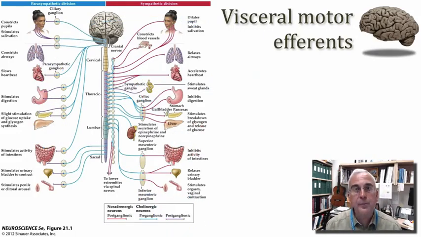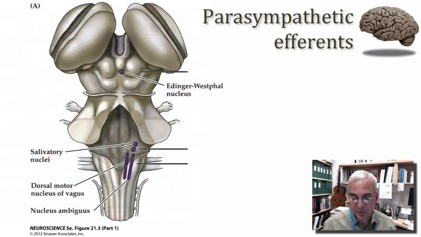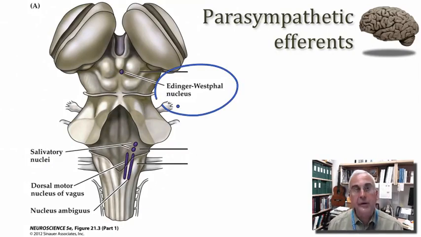Okay, well, let's now have a look at the anatomy of these preganglionic neurons of the parasympathetic division of the visceral motor system. Looking first at the brainstem. So these neurons are found in 4 pairs of nuclei of the brainstem. And beginning in the midbrain, we have the Edinger-Westphal nucleus.